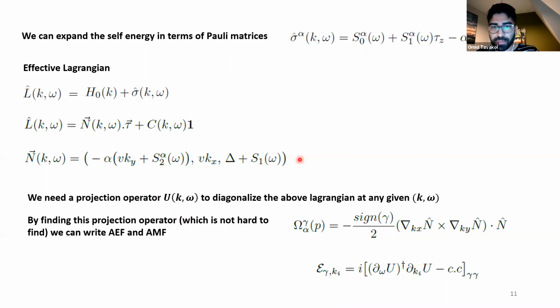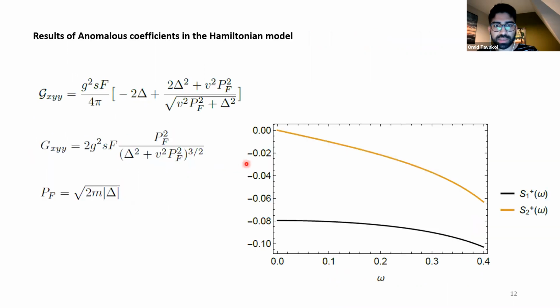It's not hard to find this projection operator because you have a 2 by 2 matrix, and that's easy. By doing that, you can find the results of those coefficients that I showed you earlier.